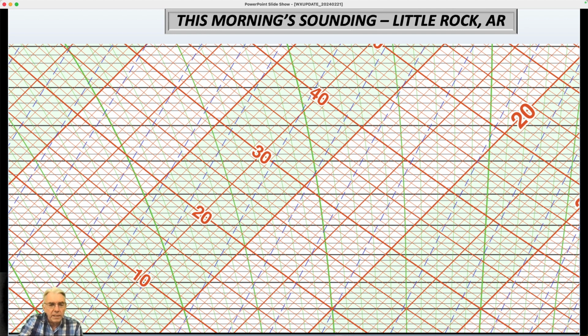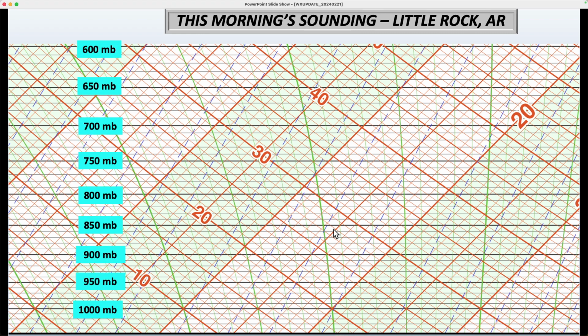So what you're looking at here, and I'm going to take myself out of the picture so you can see the entire thing. These are levels of constant pressure. There's the 1,000 millibar level, and then in increments of 50 all the way up to 600.